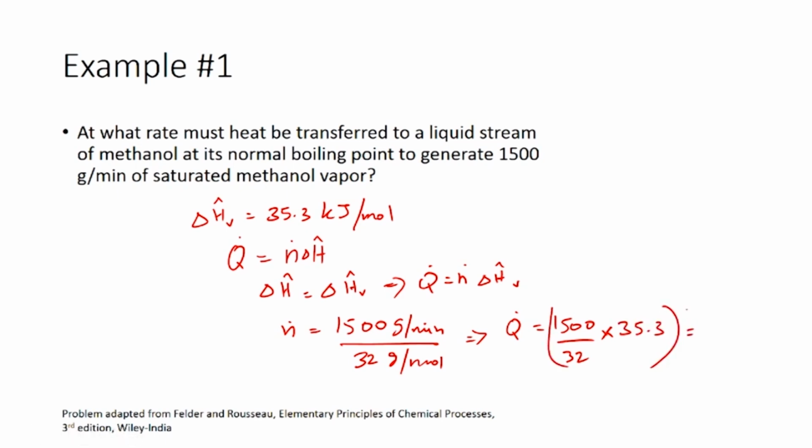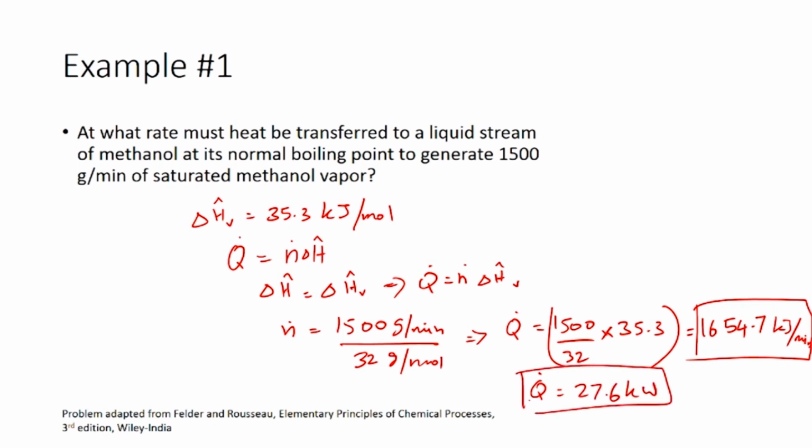The total value you end up with is 1654.7 kilojoules per minute. This is the rate at which heat needs to be transferred for vaporizing 1500 grams per minute of methanol liquid to obtain saturated methanol vapor at its normal boiling point. This can also be converted to kilowatts by dividing it by 60. So, the kilowatts term would be 27.6 kilowatts.